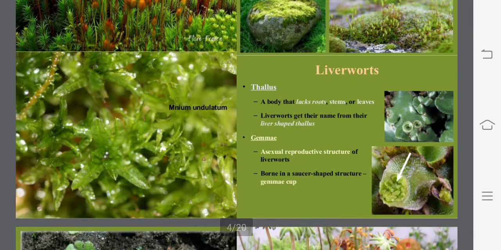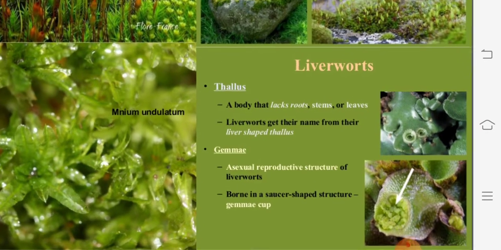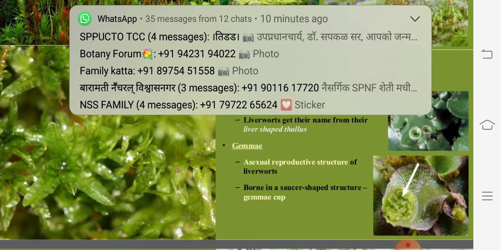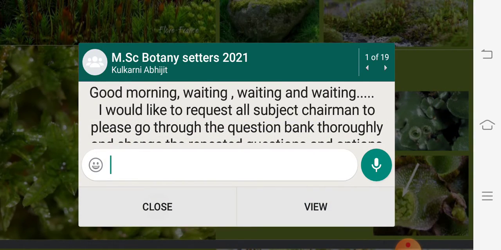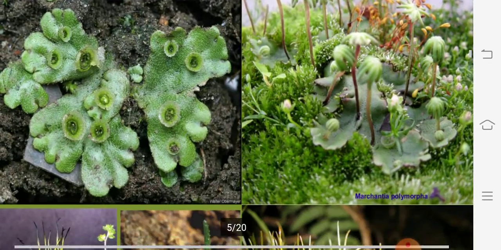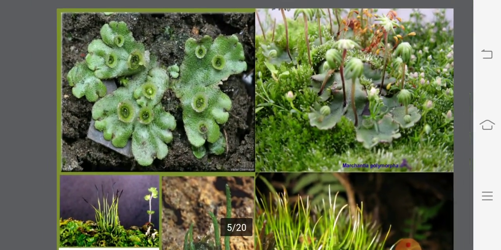Some liverworts, as you are observing. On the right-hand side is about the liverworts, and this shows the gemma cups, particularly seen in Marchantia or Lunularia.